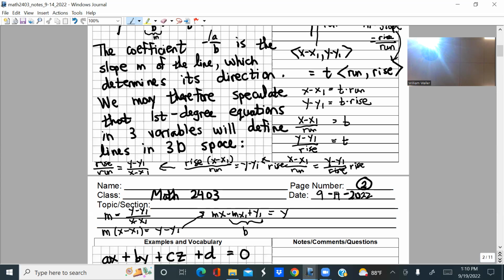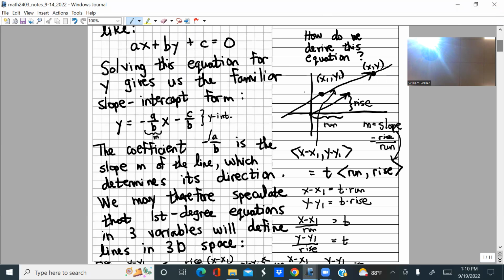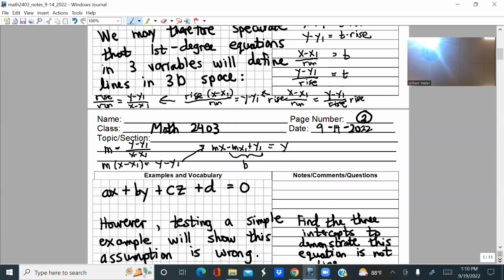Well, we just proved that if you start with the picture of a line and try to write down its equation, you're always going to get an equation that looks like this, or if you prefer, in point-slope form. So what we just showed is that in 2 dimensions, equations for lines look like this. Cool.